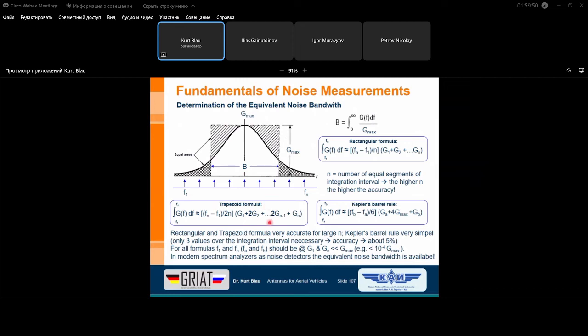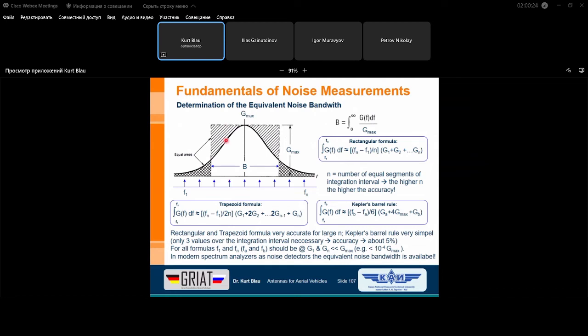Then we have a little bit of a difference because it's divided by twice the number of discrete values, and all values between G1 and Gn are also multiplied by 2. In principle this is equivalent to this formula. It only has another approach.